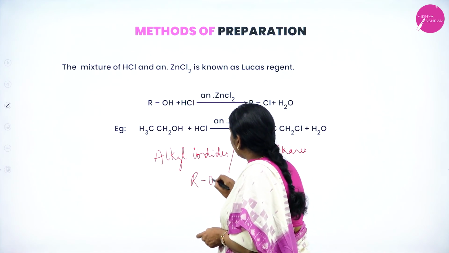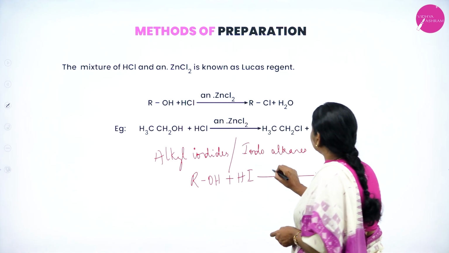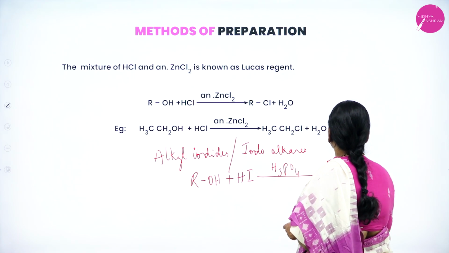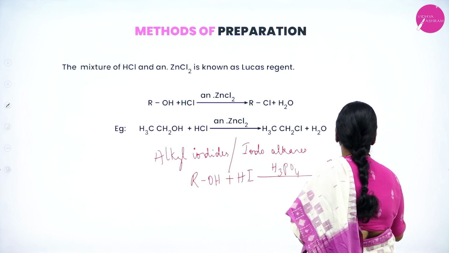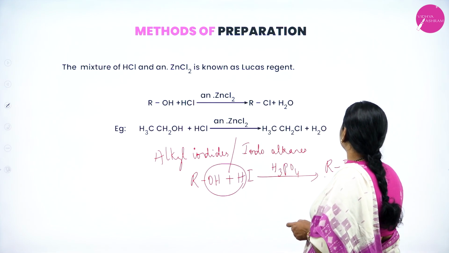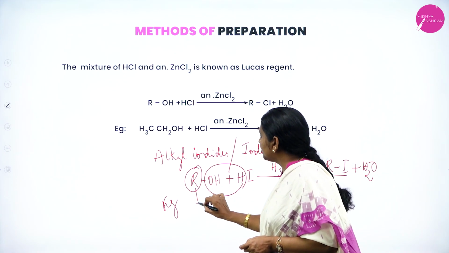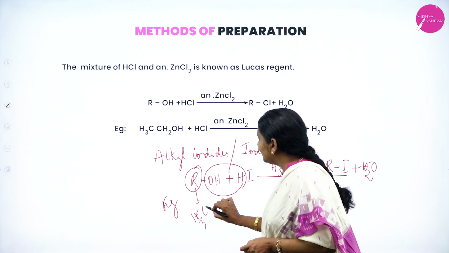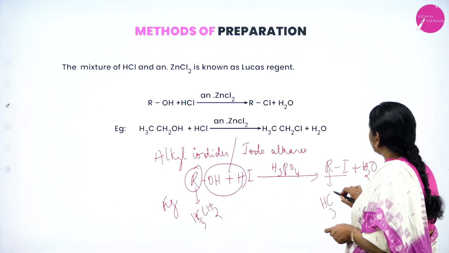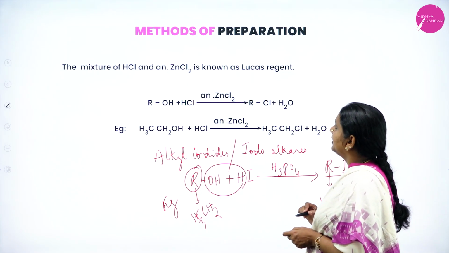For that you take ROH plus HI in the presence of H3PO4, you will get RI plus H2O, removing OH and H. In the example, in place of R, you put ethyl. Therefore, you will get ethyl iodide.